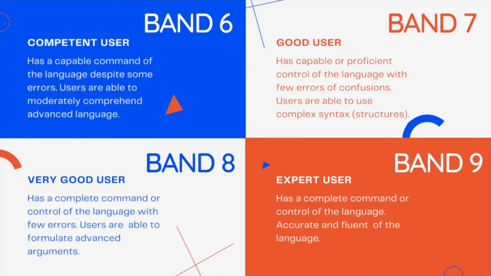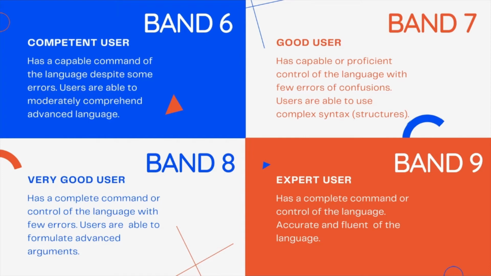Therefore, this particular user can handle advanced arguments. Band score 9, as we call it, is the expert user. You have a full command of the language with fluency. Fluent in writing and speaking. There is accuracy in this particular band score.